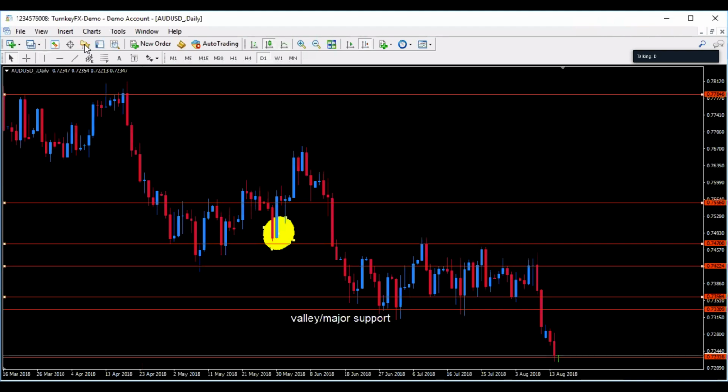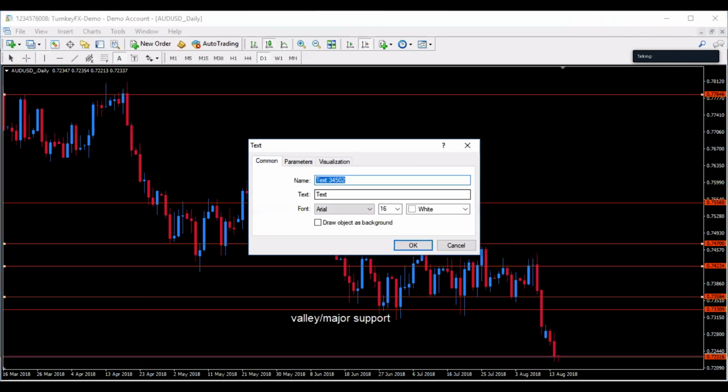But since I had that bullish breakout right here, the market broke through this resistance. I'm pretty sure I can have some more support and resistance lines in here.